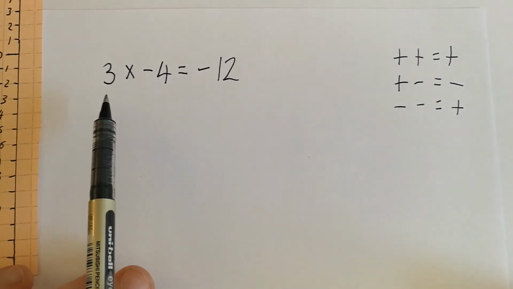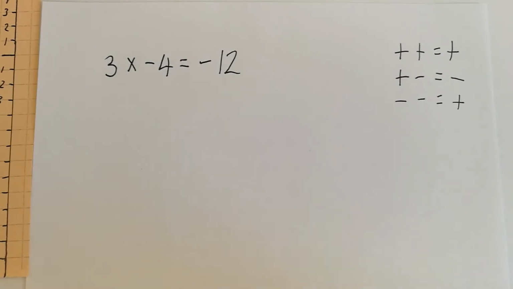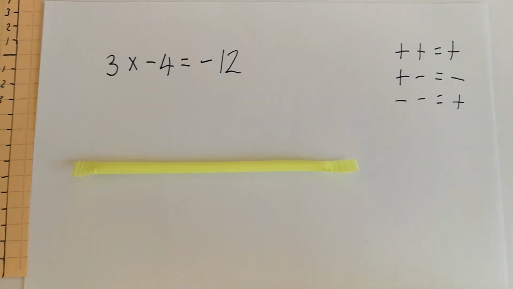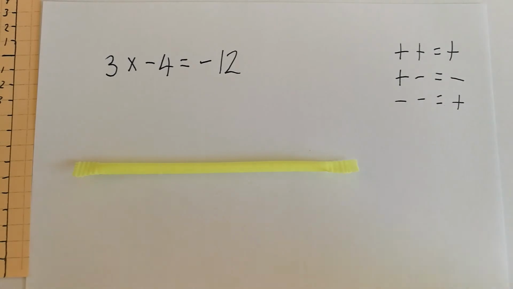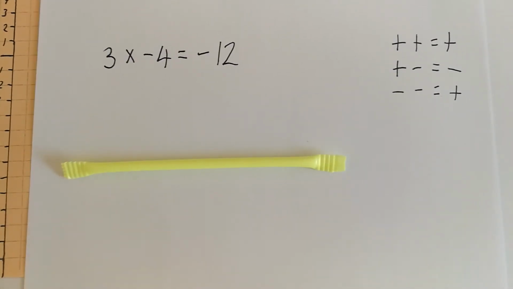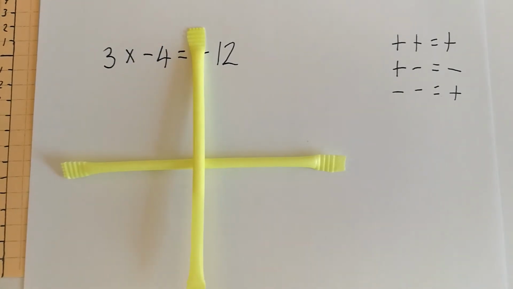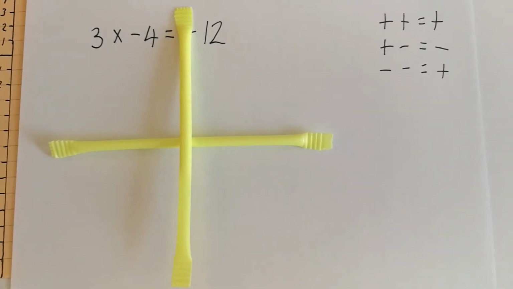So we've got a positive and a negative, and the way I like to think about it is we think about positive, negative, or couples. There's lots of ways to think about it. But if I've got a single negative, then that's obviously just negative. But if I put another negative on that, it becomes a positive.